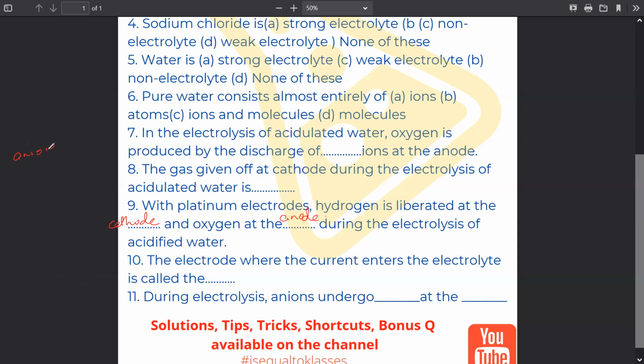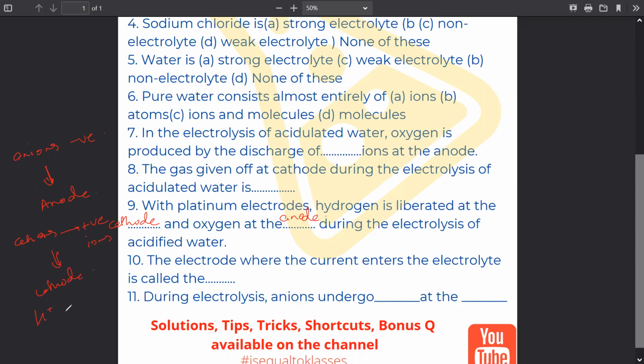Anions, or the negative ions, will go towards the anode, and cations, which are positive ions, will move towards the cathode.